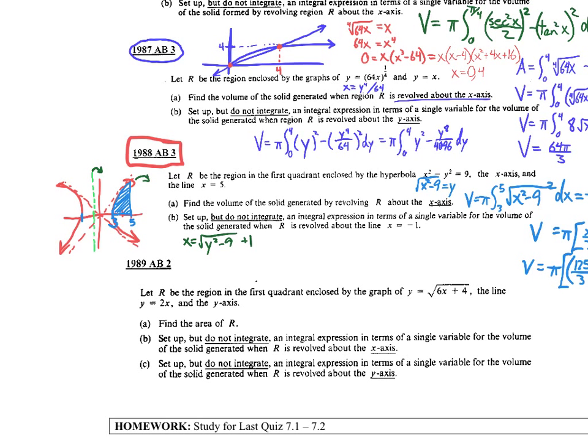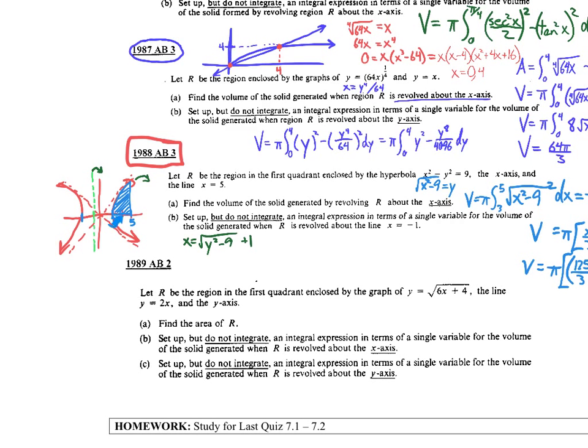So there is the function that we're dealing with, and now I just need to figure out what I'm integrating it to. Well, I was integrating it from this point 3,0. That point 3,0 is now going to be moved over one to the right, so it's now 4,0.